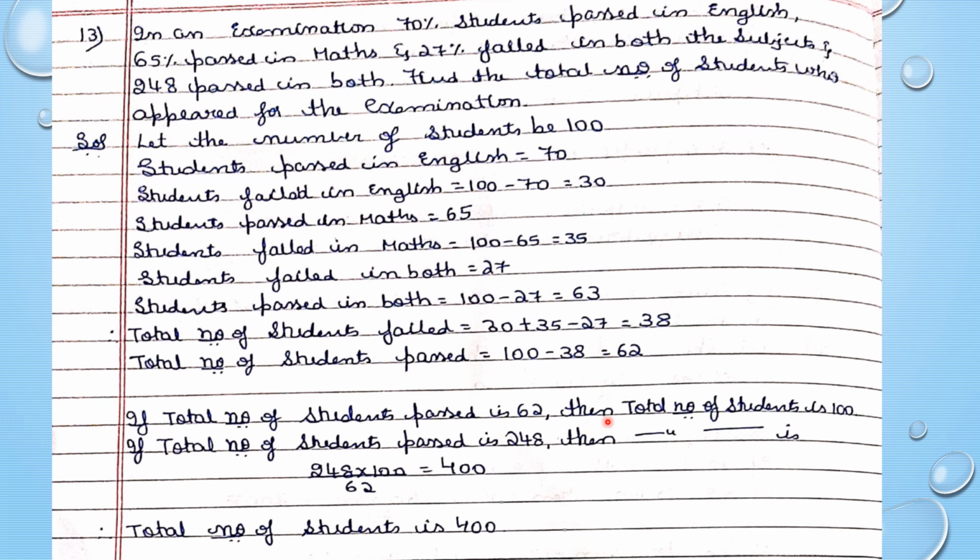Always look here, these two pieces of information should always be there, and the one piece of information which is not there is written after putting a comma here. So this 248 into 100 divided by 62. If you do this, you will get 400. So the total number of students was 400. This is how you will calculate the strength.